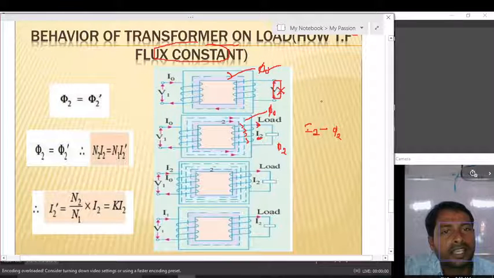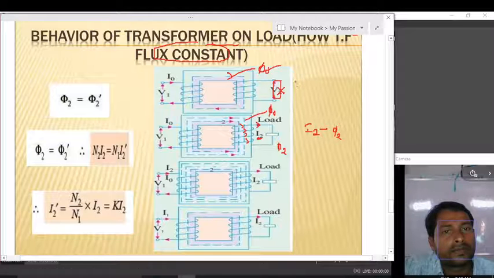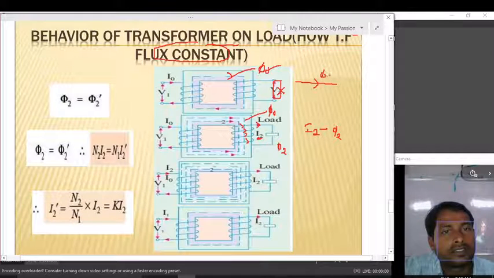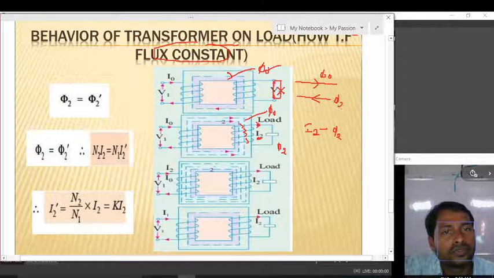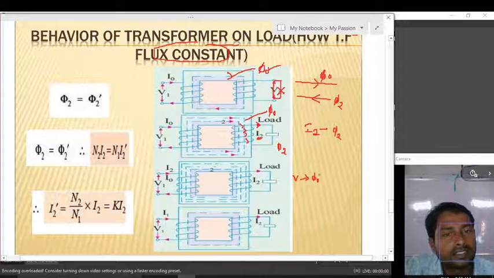Look at this one: due to I2, phi 2 will be established. This flux is exactly opposite to the no load flux phi naught. Why is it opposite? Because if you apply the voltage, after 90 degrees flux phi naught exists, and after the flux cuts the winding, E1 and E2 are produced after 90 degrees.